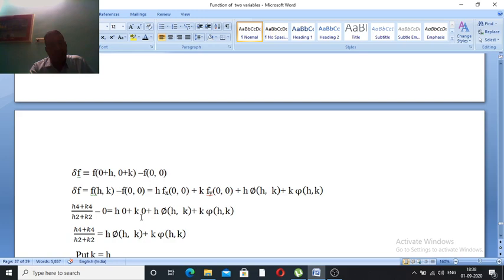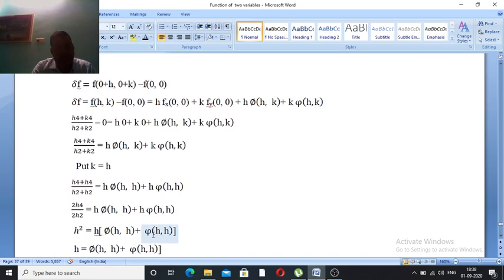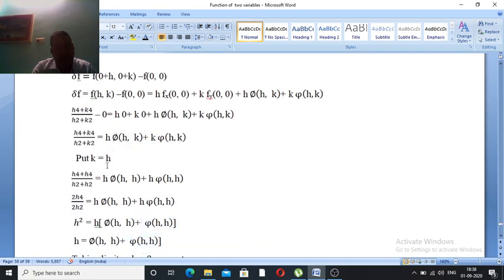Therefore, h into 0 plus k into 0 plus h phi(h,k) plus k psi(h,k). Put k equal to h: (h raised to 4 plus h raised to 4) upon (h square plus h square) is equal to h phi(h,h) plus h psi(h,h).